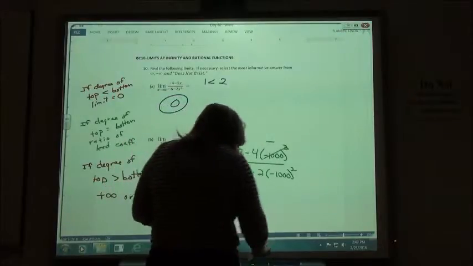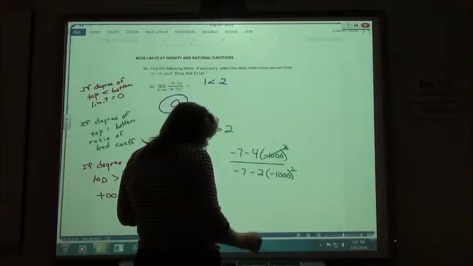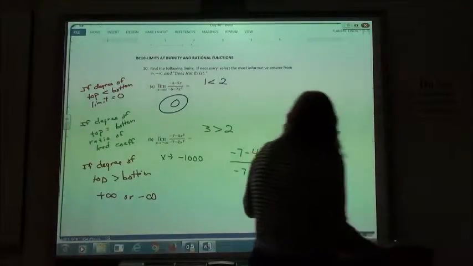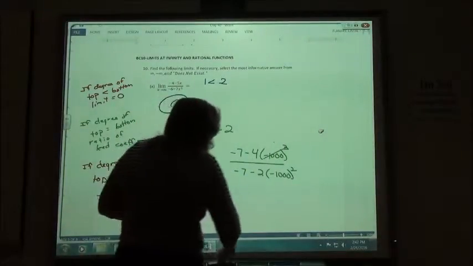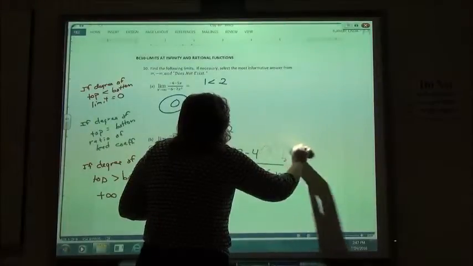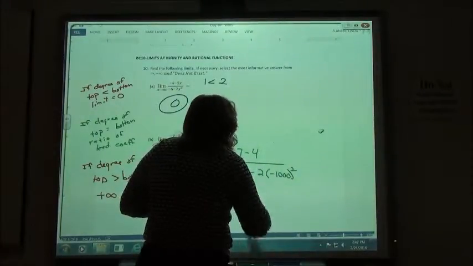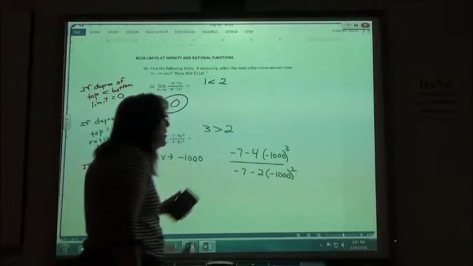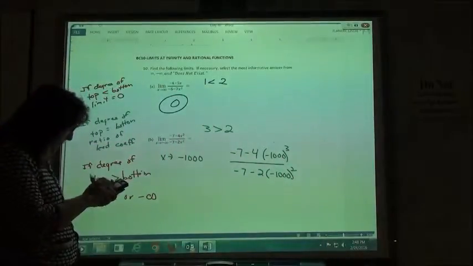Nope, I better work it out, because otherwise I have to figure out my number. I'm just going to use my calculator. I was going to take a shortcut, but that's not going to work very well. So I'm just going to punch the top in.